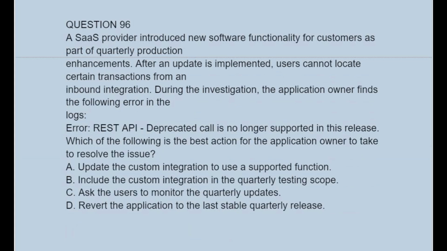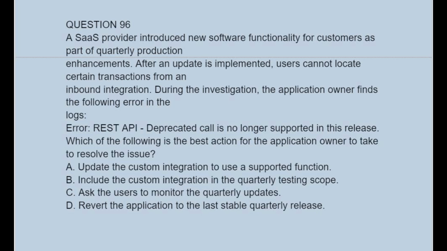Question is, a SaaS provider introduced new software functionality for customers as part of quarterly production enhancements. After an update is implemented, users cannot locate certain transactions from an inbound integration. During the investigation, the application owner finds the following error in the logs. Error is REST API deprecated. Call is no longer supported in this release.